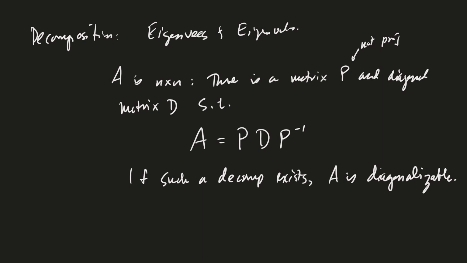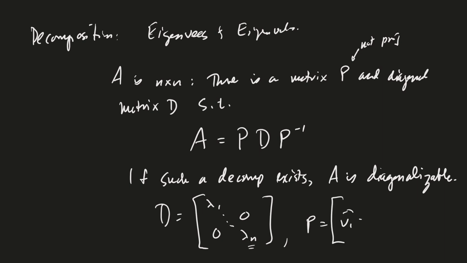And of course, the way the diagonalization works is that the matrix D has your eigenvalues. So what are you going to need for that? You're going to need a full set of eigenvalues, right? That's counting multiplicity. Of course, that's easy to get, but you don't want complex numbers here. And then P is the set of eigenvectors.